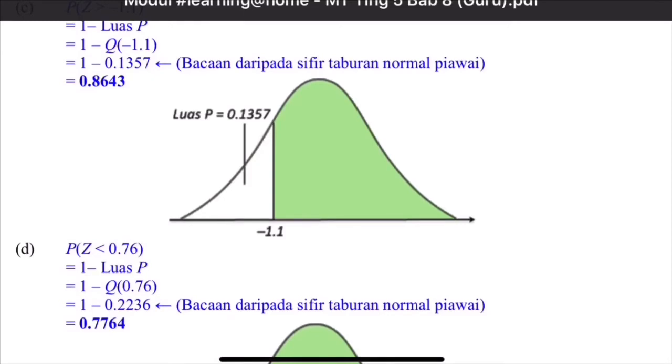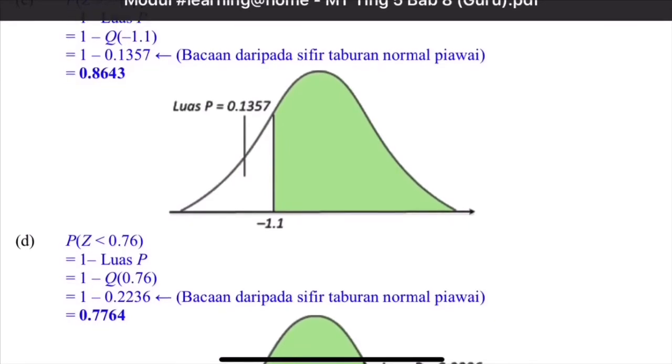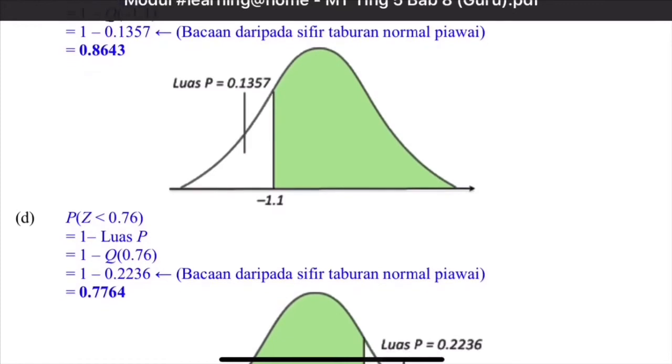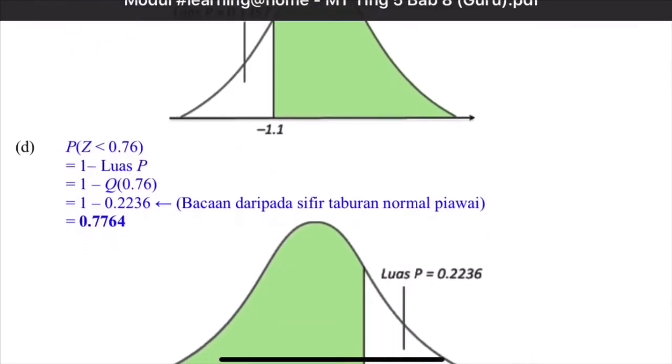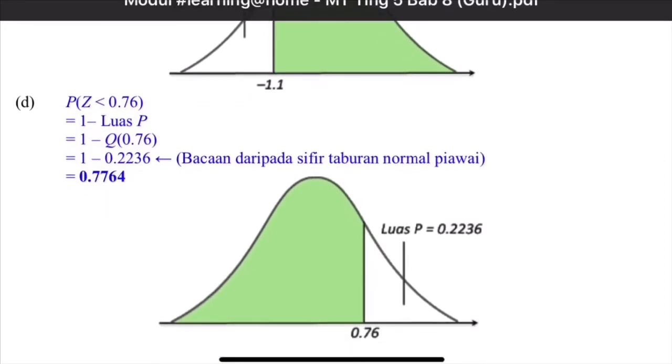Okay, and then for D, we want to find the probability for z-score less than 0.76. Sketching of the bell is very important. We will read the table for 0.76, you get 0.2236.